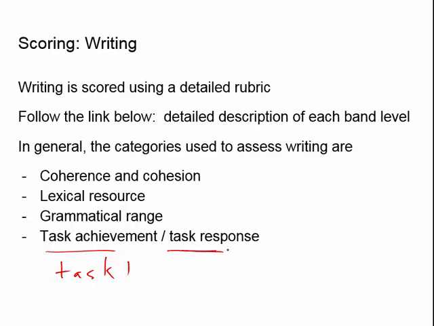Task response is very similar, but it's for task 2 writing exercises, and it means that you wrote a good academic formal essay in the correct fashion. Again, when we get to your writing lessons, we're going to talk about each one of these in a lot more detail. These are the 4 categories that they're judging your writing on.